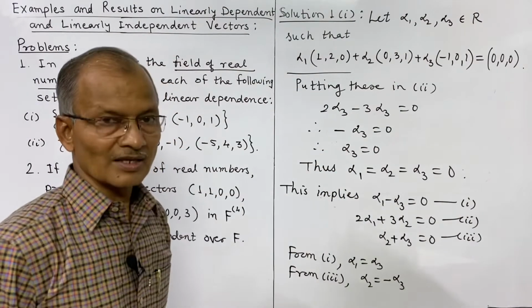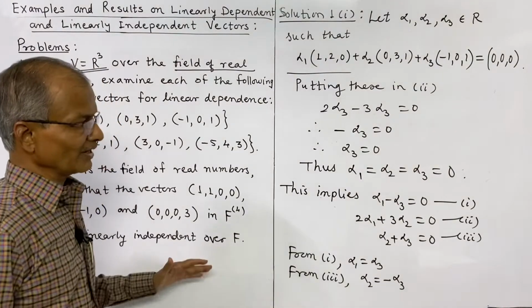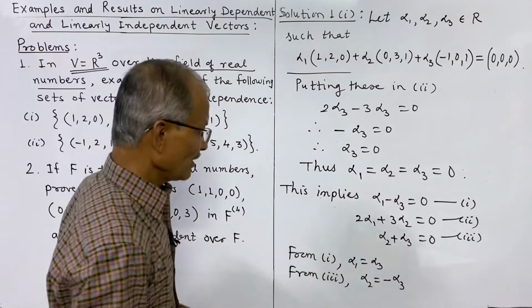And what that implies? If each scalar is 0, then by definition the vectors are linearly independent.